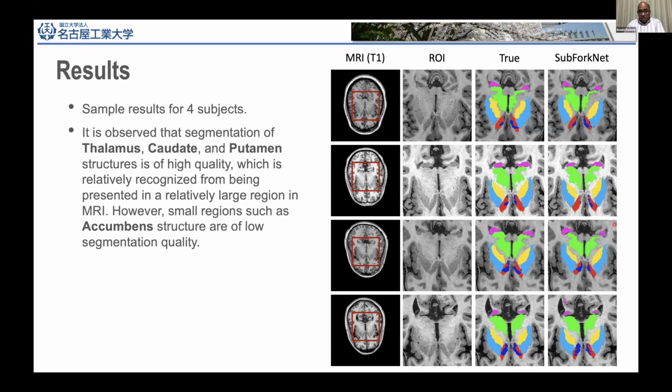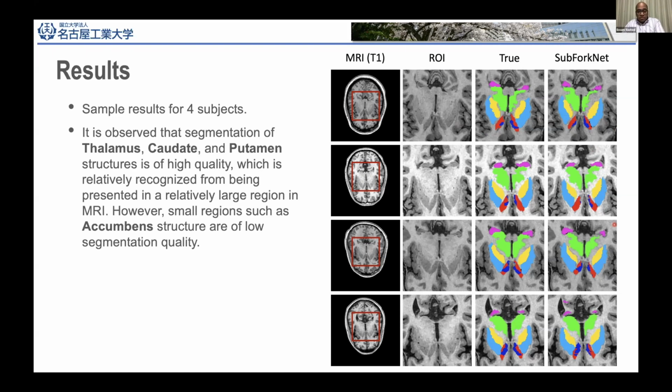But we have found quite a difference between the different structures. For thalamus, caudate, and putamen, we find high consistency for the segmentation. But for other structures, such as accumbens, the segmentation is not so good.